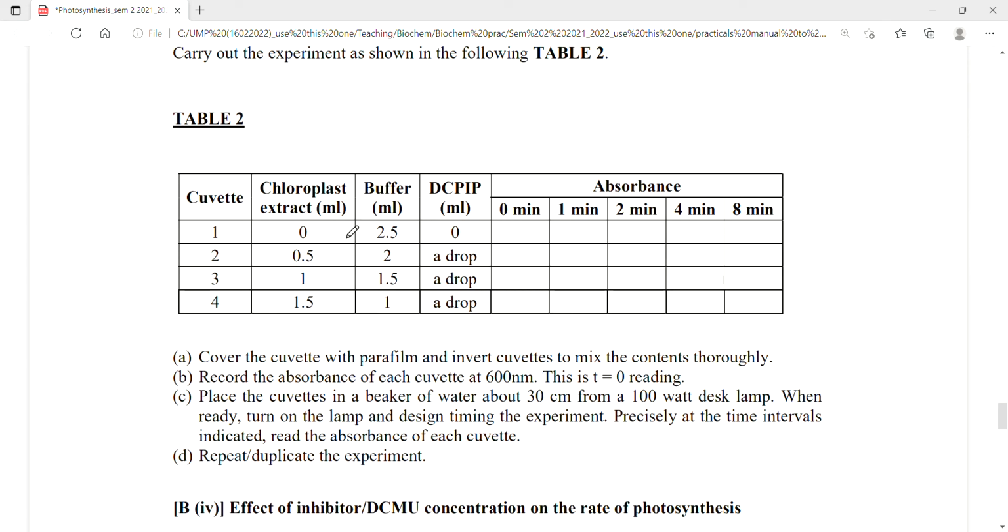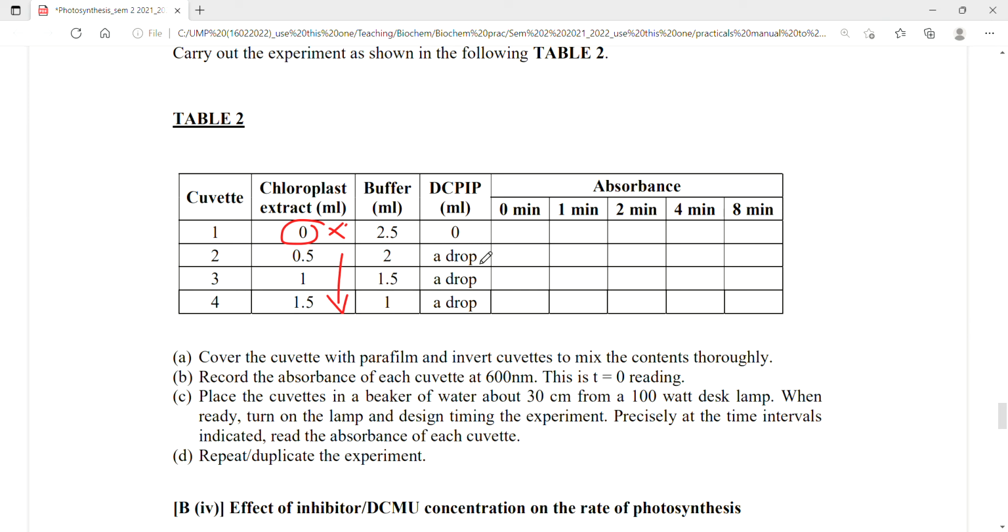What happens if we firstly have no chloroplast extract, and then what happens if we increase the chloroplast concentration from 0.5 until 1.5?